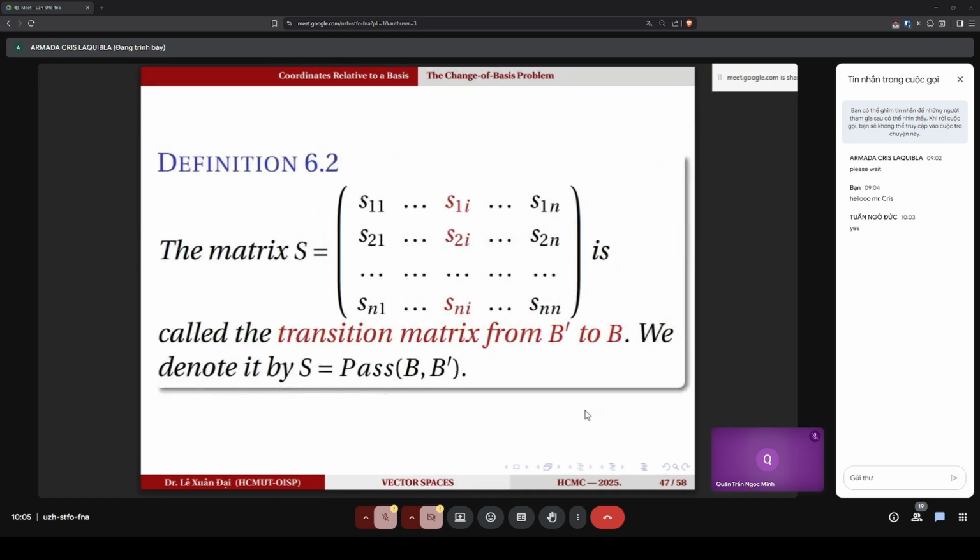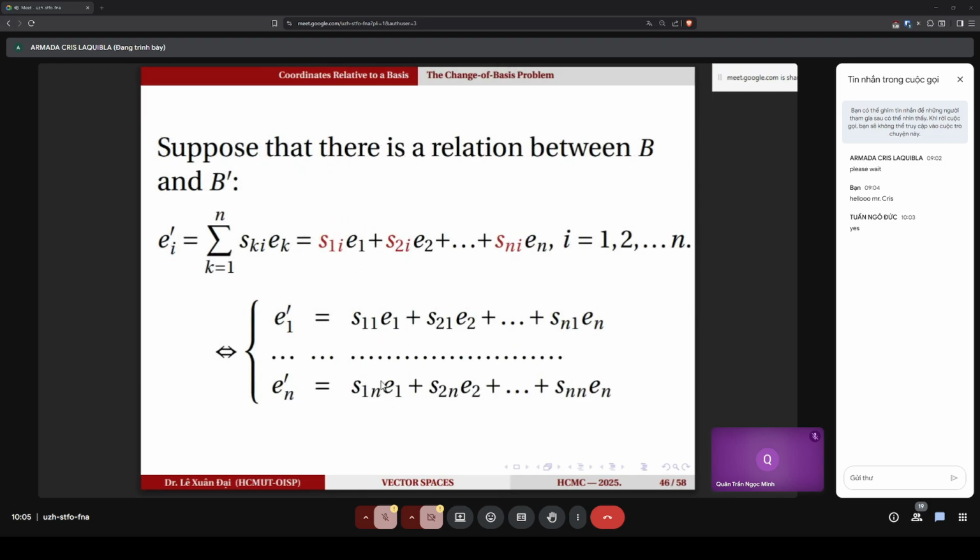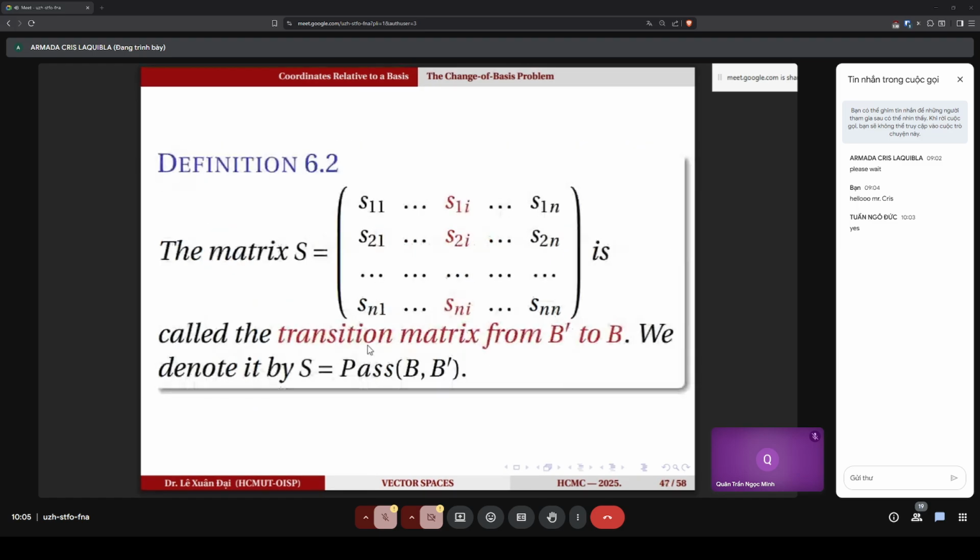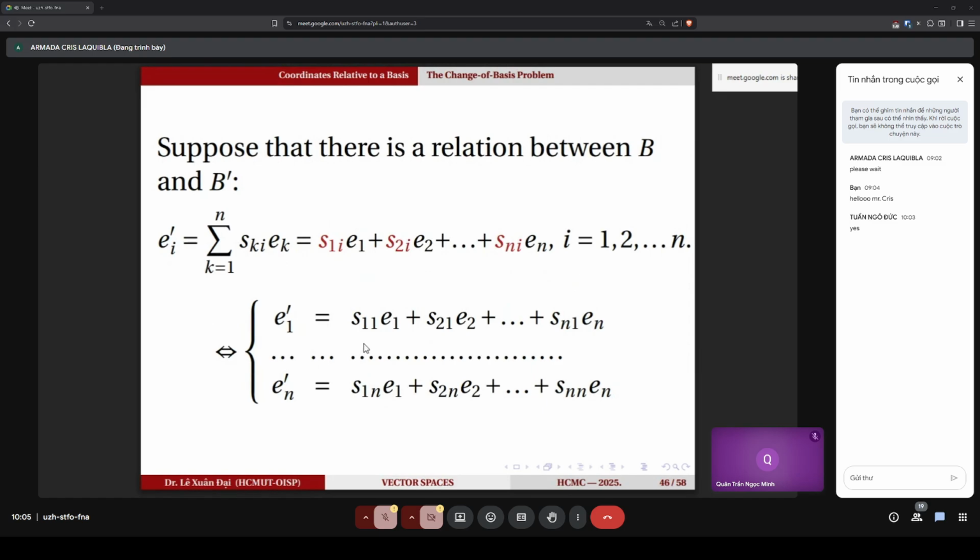Now, the matrix S that we can form from this: s11, and s12 is located here in the first number in your e2 prime. So you get the numbers here in the first column. It looks like a column here.